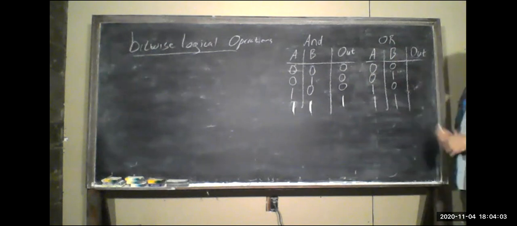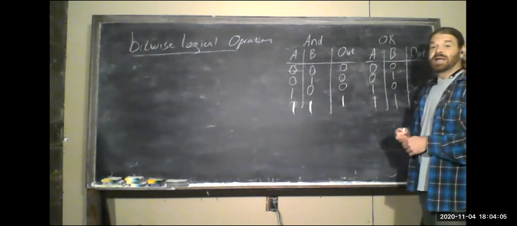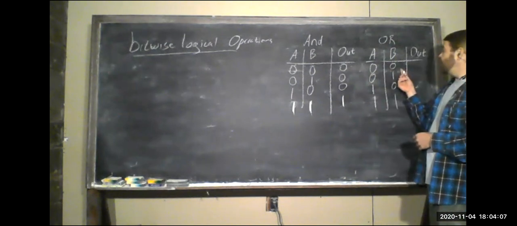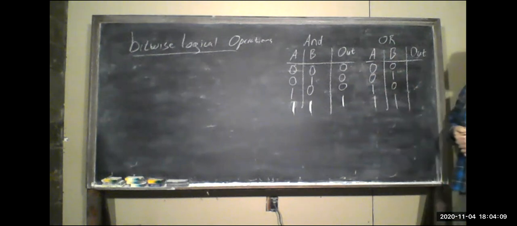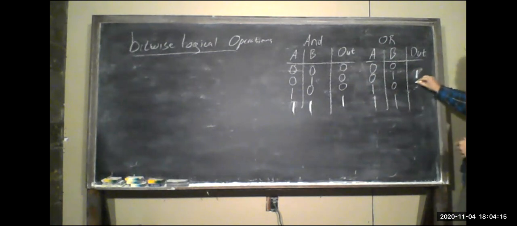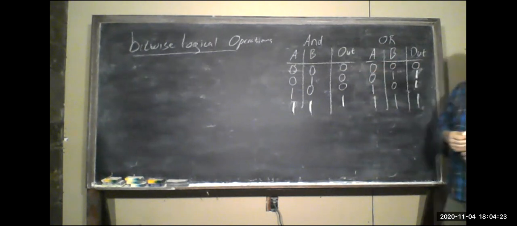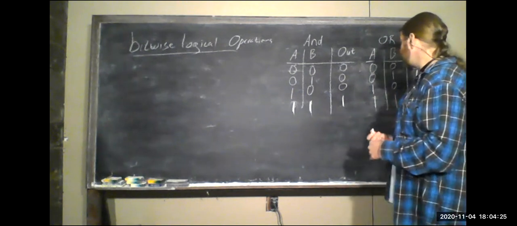Or we could use the words true and false. If either of our inputs are true, the output will be true with an OR. I should write a 1 there for consistency. So all three of these would be on, and if neither one's on, obviously the output's still going to be off.